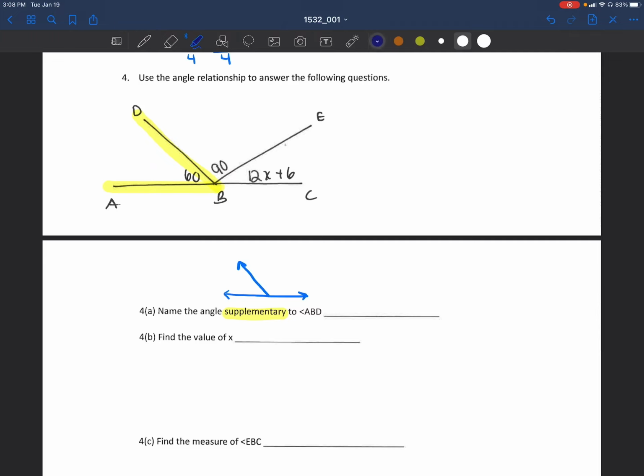We have this one right here, which is what we have right here. So now we are missing this angle right here, all of that. So it's DBC, all of that. So angle DBC.